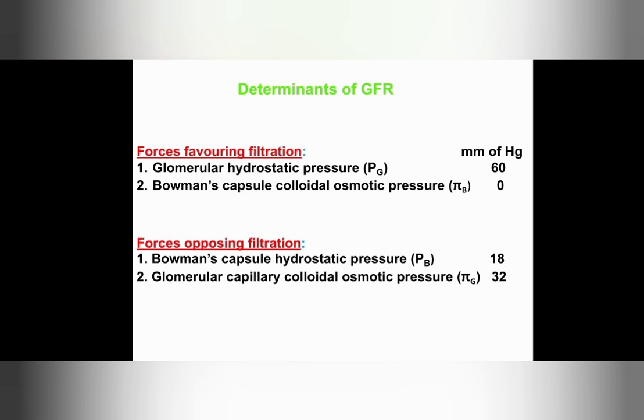The forces opposing the filtration are Bowman's capsule hydrostatic pressure, which is 18 mm of mercury, and the glomerular capillary colloidal osmotic pressure, which is 32 mm of mercury. These are not constants, they are variable, but the values given are more or less what is found in every human being. So these are the values given.